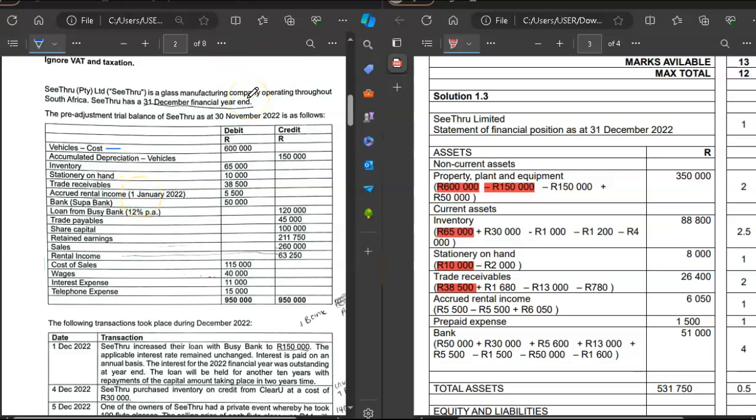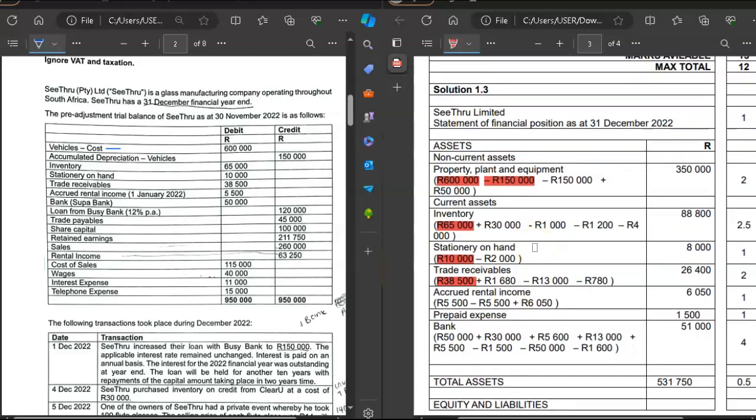So we'll just ignore it for now. When we come to our journal entries, we did a journal entry for that. We're going to record it then. So, actually, what on earth am I saying? Accrued rental income 5,500 is over here. Okay, so yeah, those are balances, right? So I guess you put everything that's on here over here.